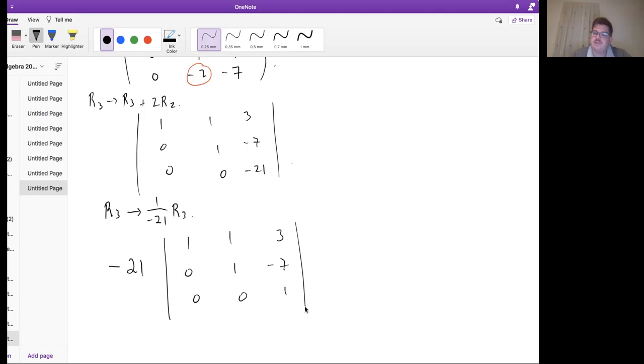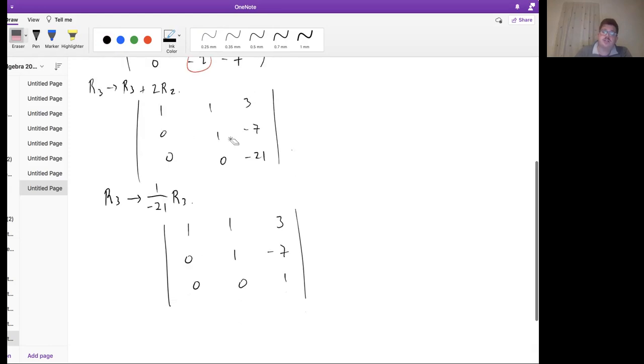Does that make sense? So if I didn't have this -21 here, then the determinant of that matrix will be off by a factor of -21. But if I multiply by it, does that make sense here? So these determinants are different, right?